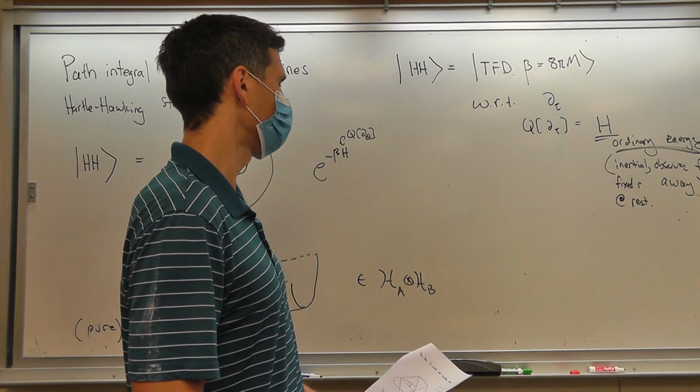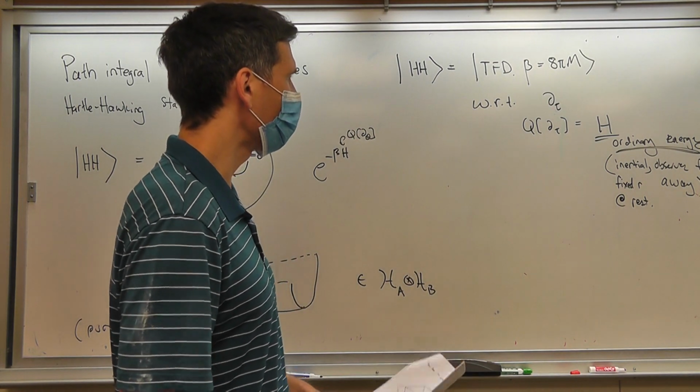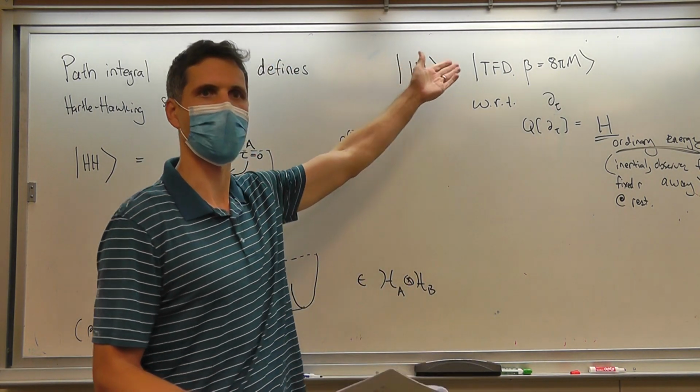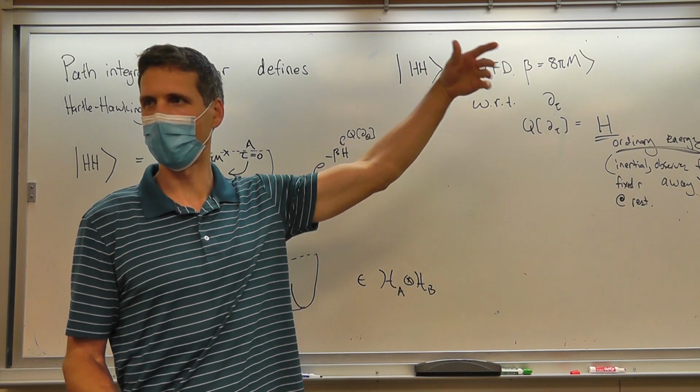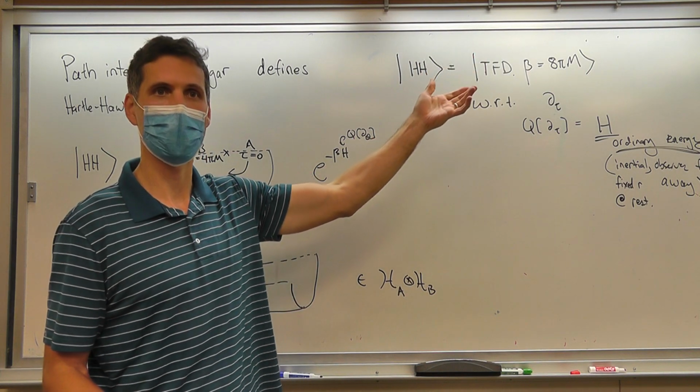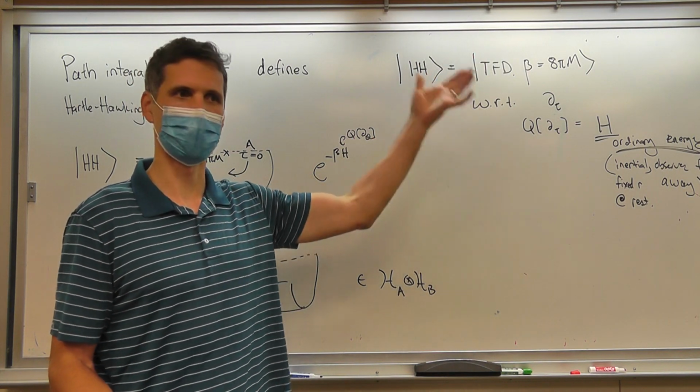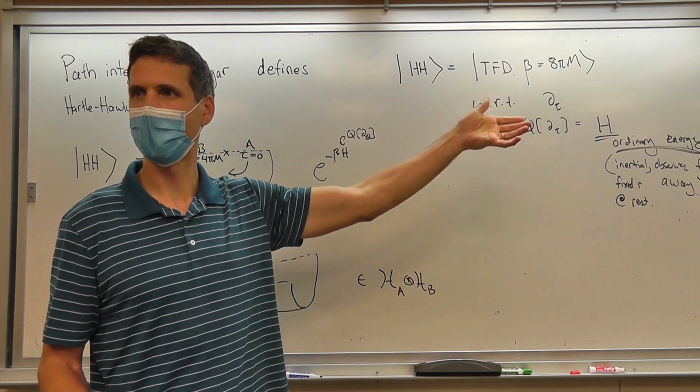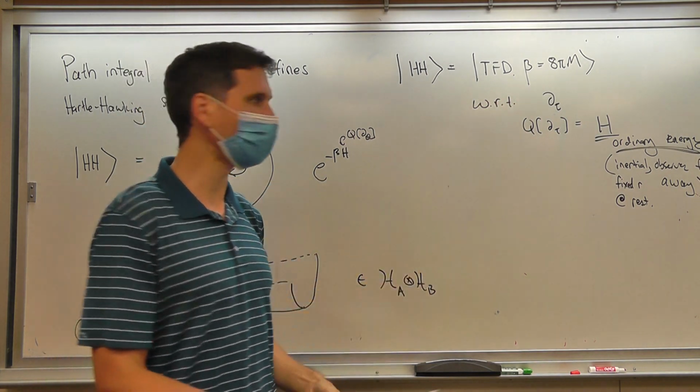Okay, so one thing we get out of this immediately, since this is a thermofield double state, is that if we trace out half of it, we get the thermal state. That was the whole point of the thermofield double, that it purifies the thermal state.